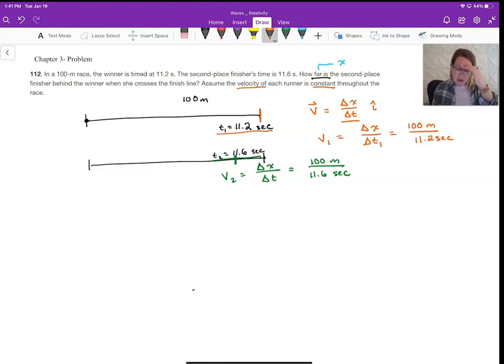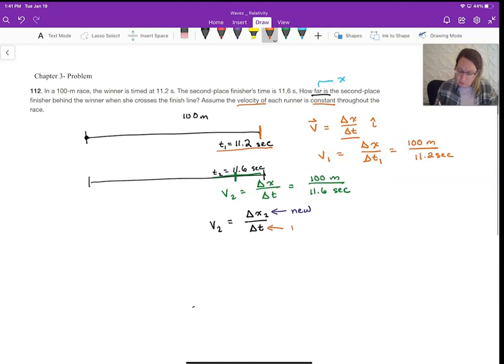We can reuse this equation for v2, equal to the distance that the second runner went in some time that we're interested in. We want to find a new distance, and the time we want is the time of the first runner, right? So this time would be 11.2 seconds.